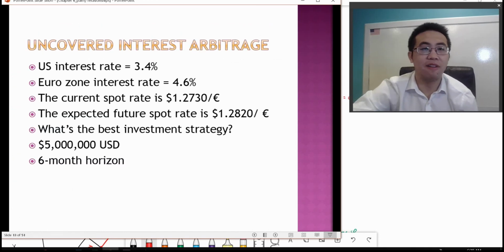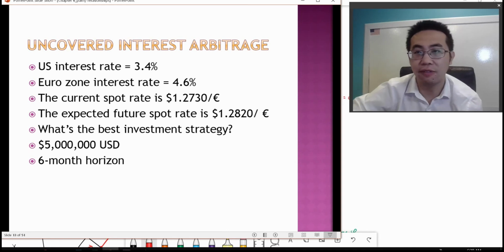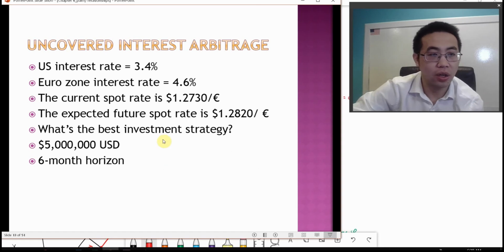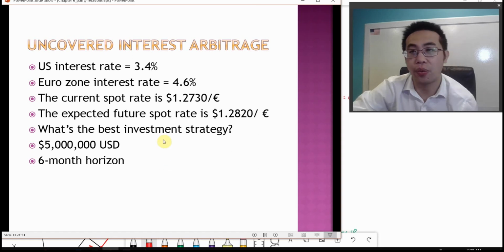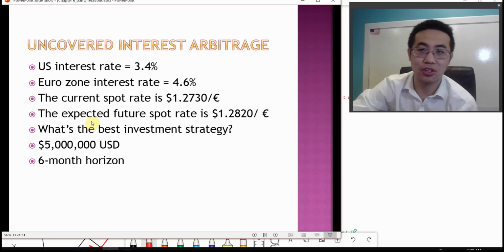There's also uncovered interest arbitrage, which I will not spend much time covering. You just need to remember, if it is uncovered, there is some uncertainty involved. In the covered interest arbitrage, you were dealing with the forward market, so you use the forward to lock in an exchange rate that will occur in the future. But if you don't use the forward, you are trading purely based on your expectation of the future spot rate.